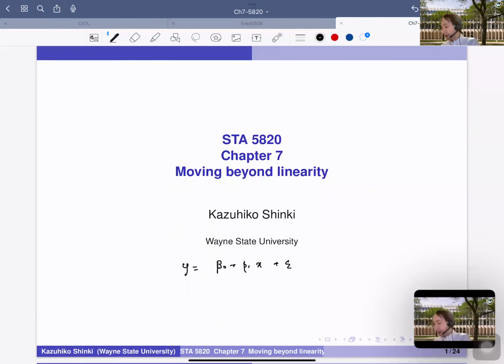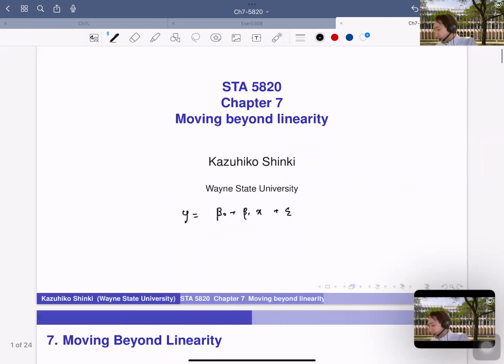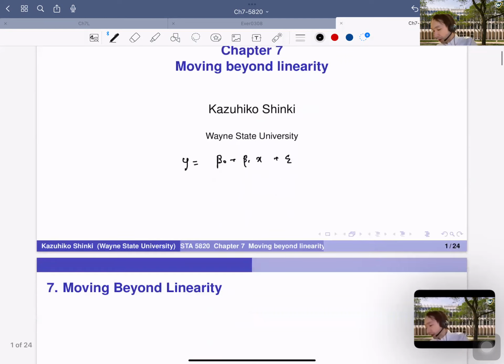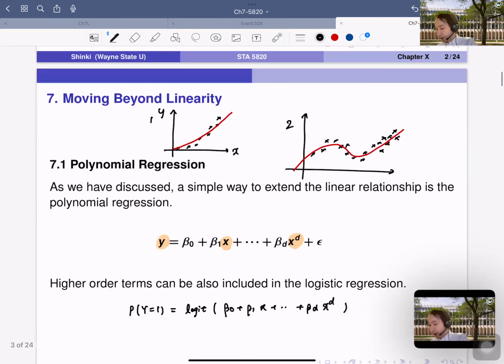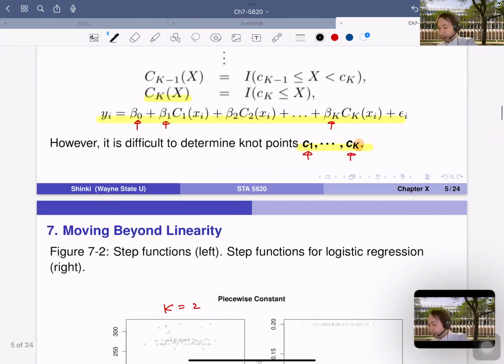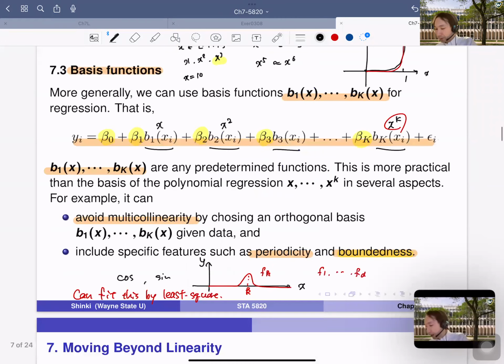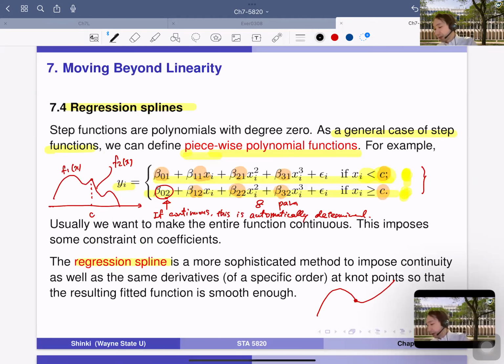But we think about the more general model. At first we thought about polynomial regression and step functions, and then basis functions. That is, we have a function here, but not necessarily a polynomial. And we do regression splines.